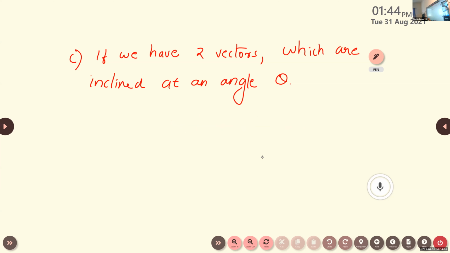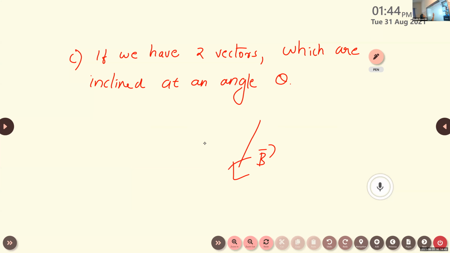If we have two vectors, like this is our vector A and this is our vector B, then how can we add these two vectors? What method do we adopt in order to find the sum or the resultant vector? That is what we are going to discuss here.